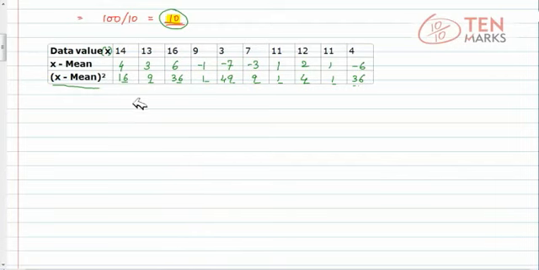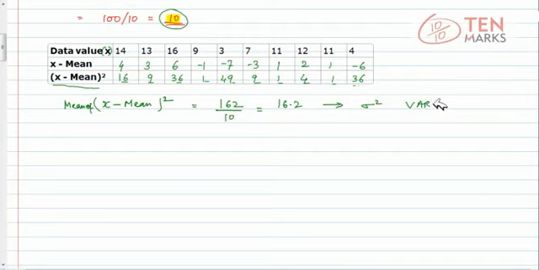So the mean of x minus mean, whole squared, equals 162 over 10, which is 16.2. And this value is sigma squared, the variance.